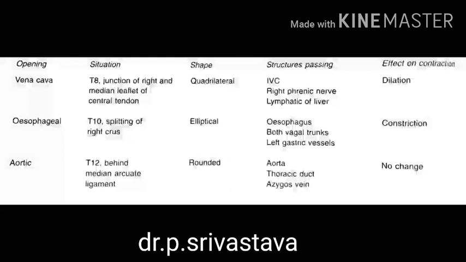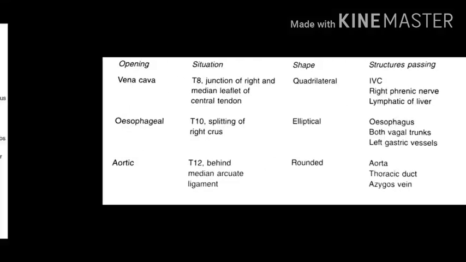Second is the esophageal opening. It is situated at the T10 vertebra, elliptical in shape, and the structures passing through are the esophagus, both vagal trunks, and left gastric vessels. Third is the aortic opening. It is situated at the T12 vertebra, rounded in shape, and passes the aorta, thoracic duct, and azygos vein.